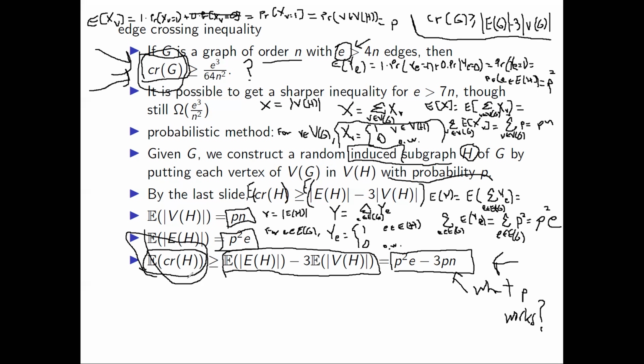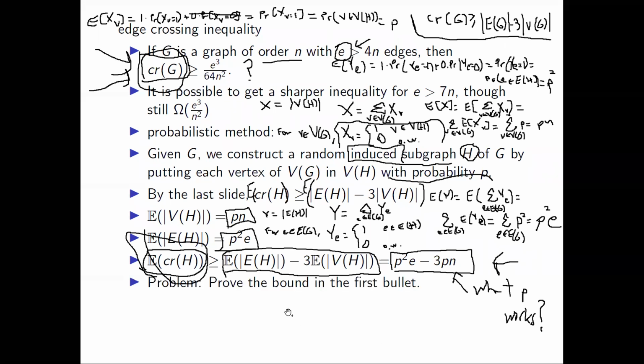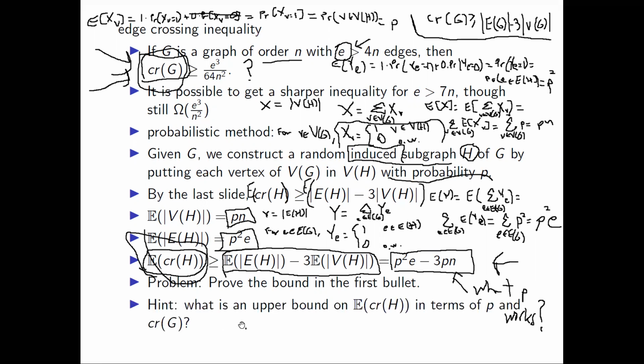All you need is an inequality. So more specifically, I want you to prove the bound in the first bullet. And let me be a little more specific about the last hint that I was talking about. So the hint, can you find an upper bound on the expectation of CR of H in terms of P and CR of G?